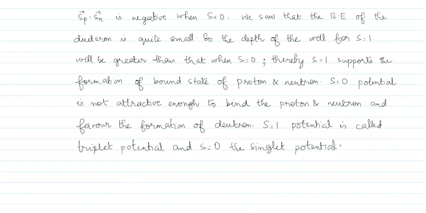So the S equal to 1 or triplet potential is more attractive compared to the S equal to 0 or singlet potential. This is one observation which suggests that nuclear forces are highly spin dependent, because even when theory suggests that various spin values are possible, it is observed that only certain spin values are taken by nuclei.